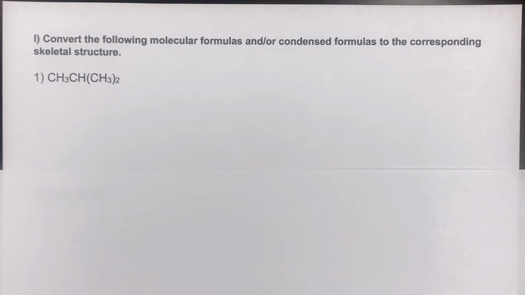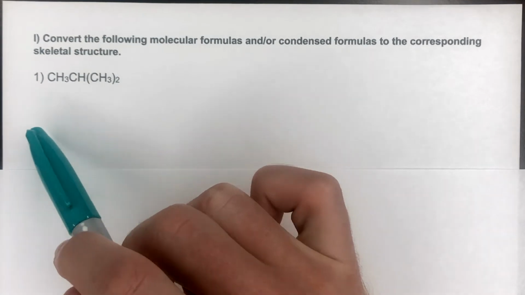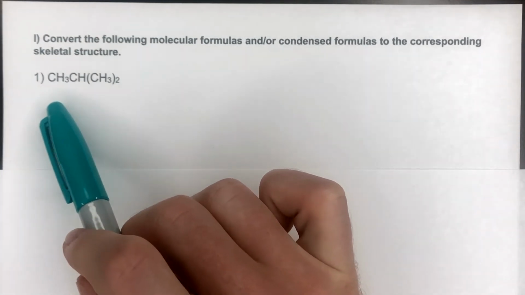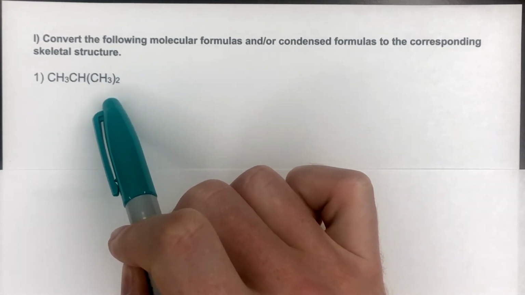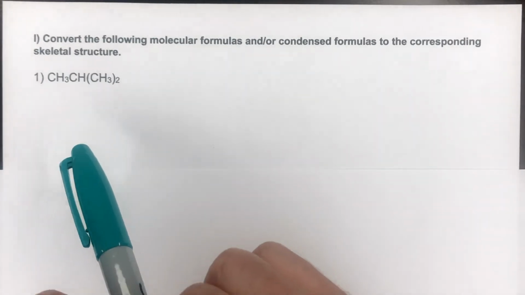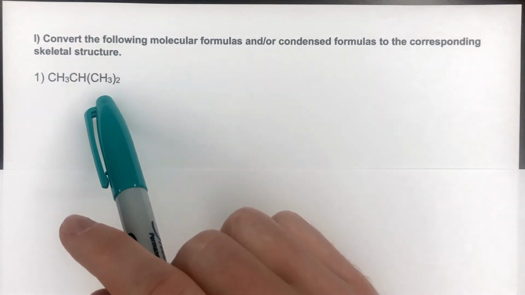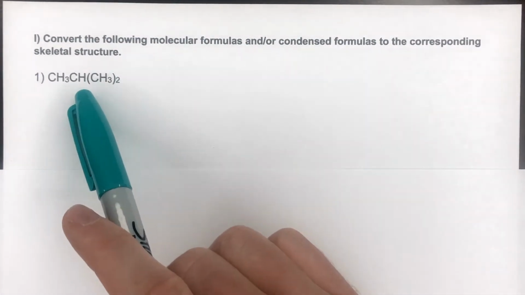So first of all, we need to count the number of carbons that we have total. Here we have a CH3, that is one carbon, CH, second carbon, and then two CH3s. So whenever you see these parentheses, it is telling you that whatever is in the parentheses is bound to the previous atom, the atom that precedes it. In this case, it's the CH.